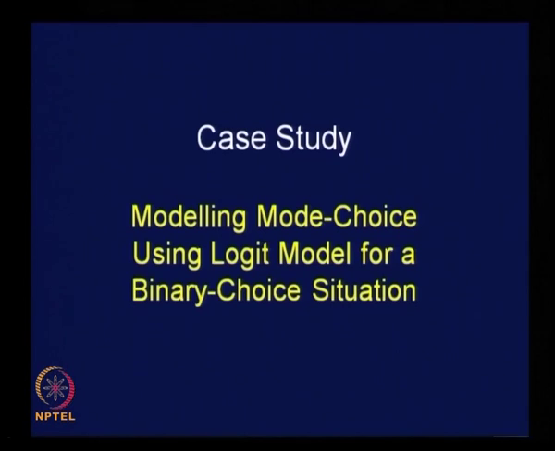The example pertains to intercity travel. It does not matter whether it is intracity or intercity, mode choice is always mode choice. The factors influencing mode choice are not going to change, it is again going to be related to travel time, travel cost, comfort and so on. So we are going to discuss an example involving intercity travel, but the principles involved are the same.